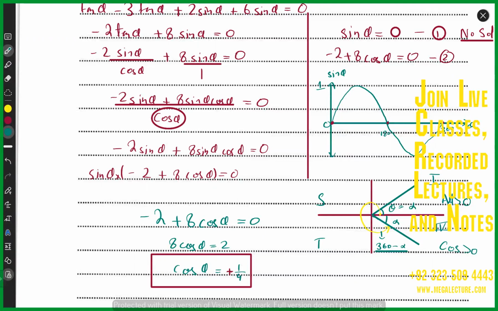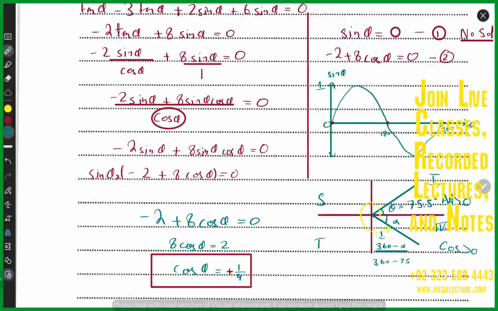Okay, all right. So let's quickly find out the basic angle, that is alpha. It's cos inverse 1 divided by 4, and it would give you 75.5. So this 75.5 is basically your alpha, or angle in the first quadrant, 75.5 degrees. How do I find the angle in the fourth quadrant? It says 360 minus alpha.